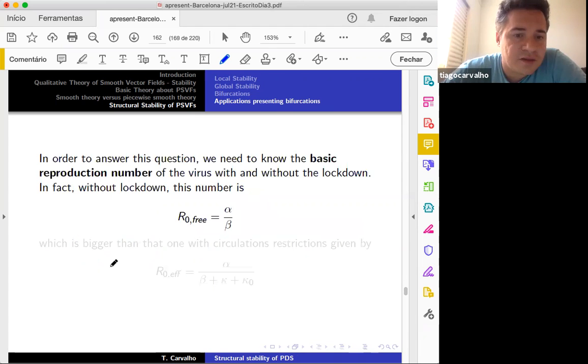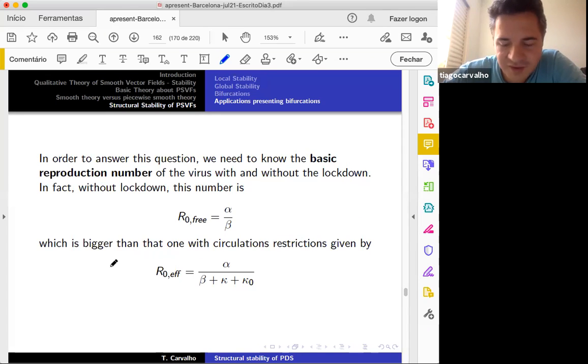In order to do this, there are two very useful numbers that each one of us already listened to these days, that are the basic numbers of reproduction.